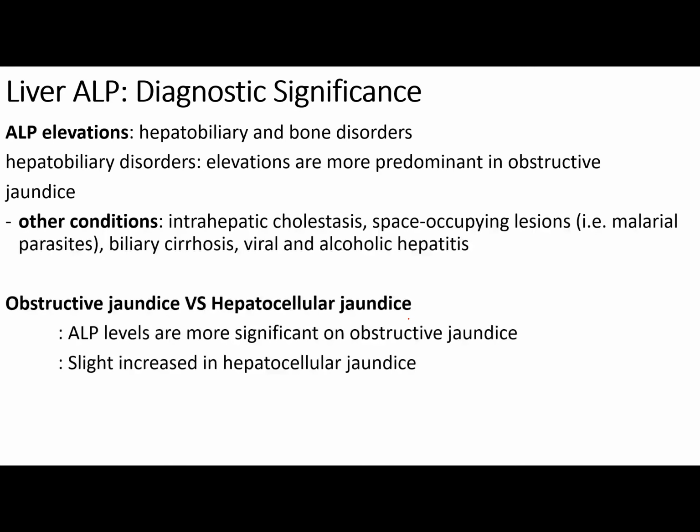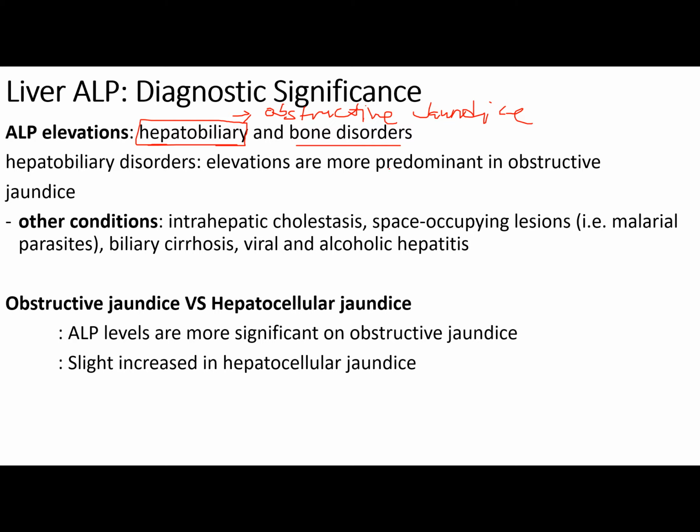So let's first talk about the diagnostic significance of the liver ALP. So liver ALP, class, ALP elevations are usually seen in hepatobiliary disorders and bone disorders. So whenever we hear the word hepatobiliary, ang maaalala mo dapat dito is always obstructive jaundice.